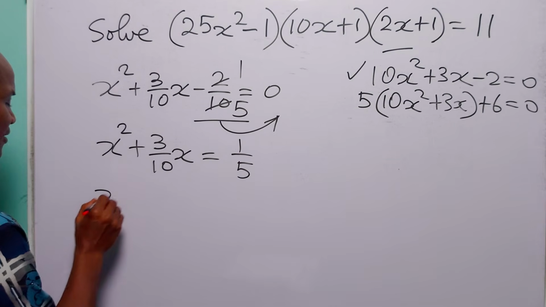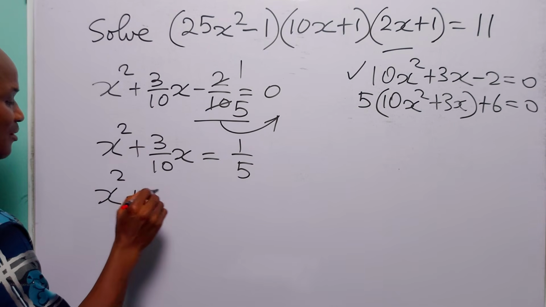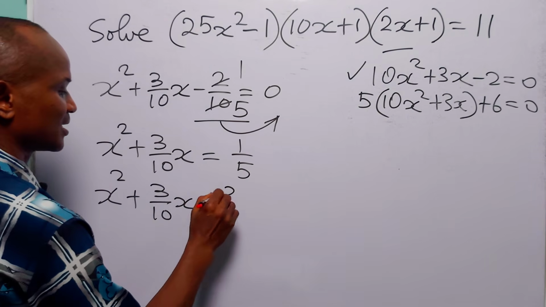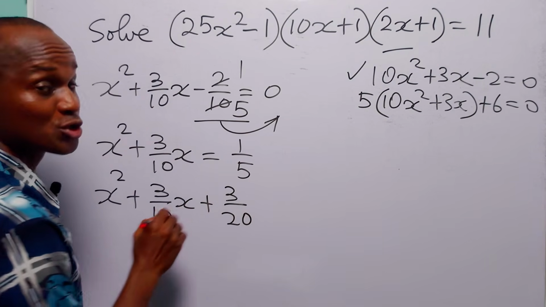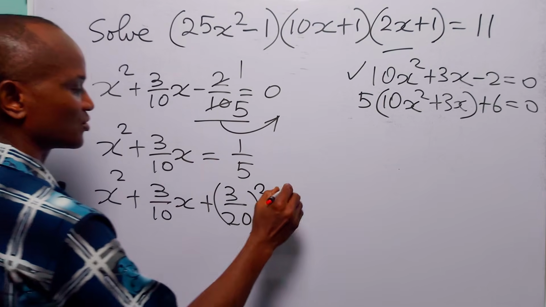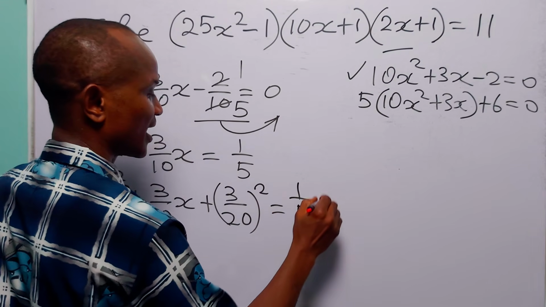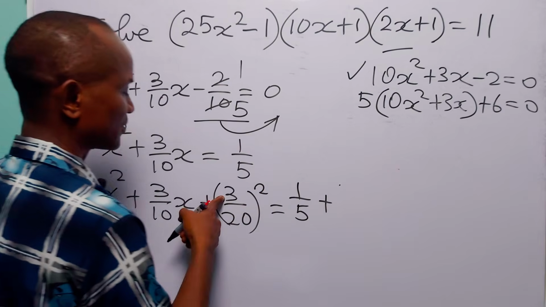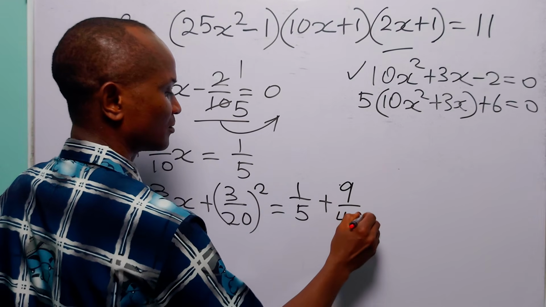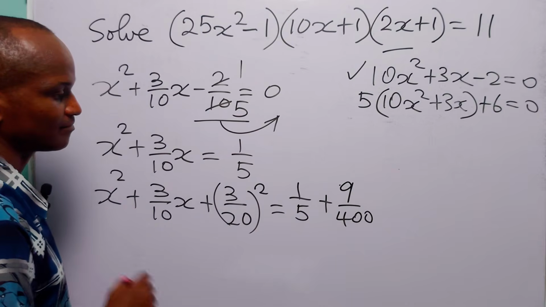When we do that, we have x squared plus 3 over 10x plus 3 over 20 squared is equal to 1 over 5 plus, now 3 over 20 squared is 9 over 400.